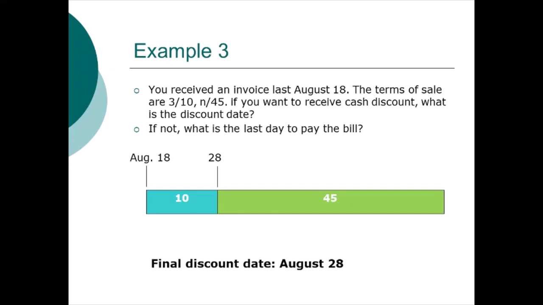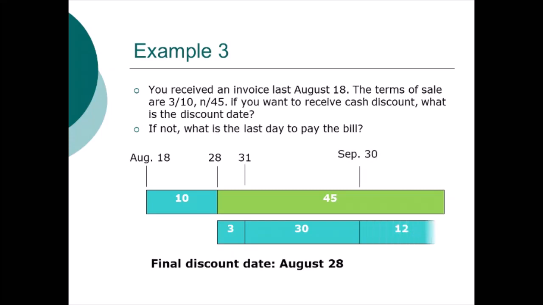Adding 45 days from August 28, we have 3 days to end August. We have 30 days to end September. And we are left with 12 days. That is for October. So our net payment date is October 12.